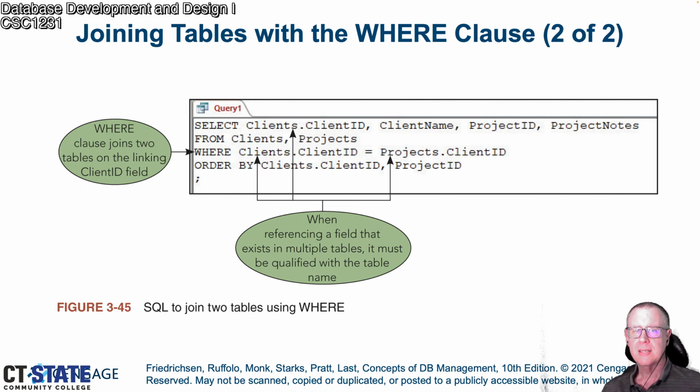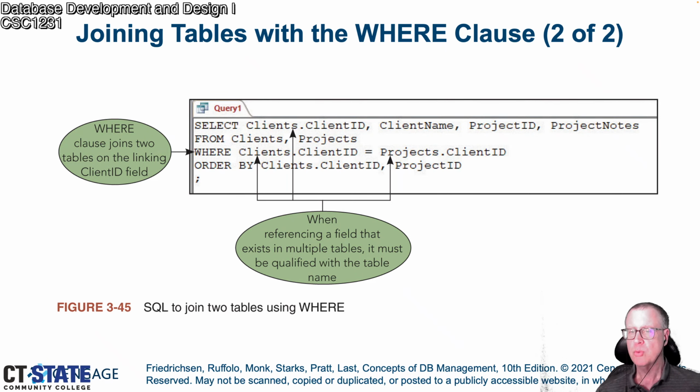Right, so here's an example. We're saying SELECT client ID, client name, project ID, and project notes from the two tables, clients and projects, WHERE clients.clientID equals projects.clientID. Notice we have to disambiguate, we have to let SQL know which client ID we mean in both cases. The first one is the client ID on the clients table, and the second one is the client ID on the projects table.